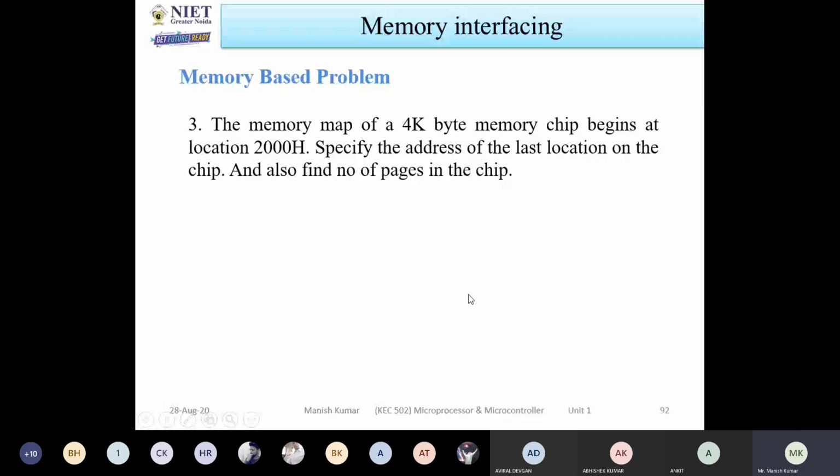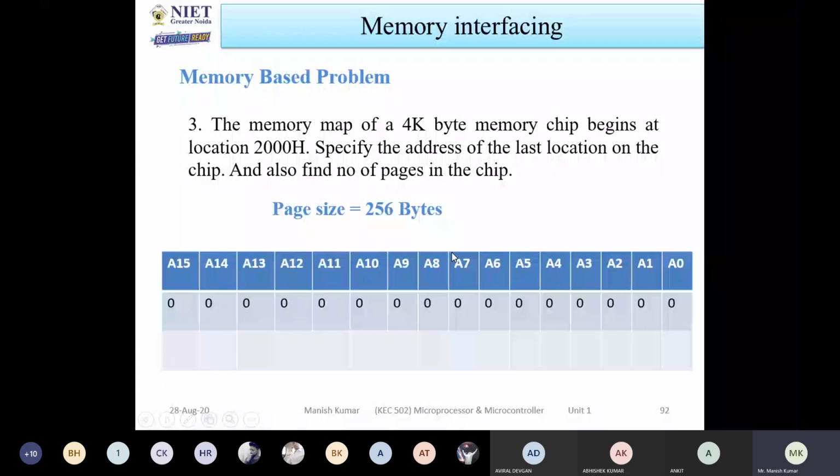Okay. So n value is 12. Correct? So with the help of 12, we can start from 0 to 11. From 0 to 11, the maximum value will be all ones. The pins that are not connected, you can keep as 0.